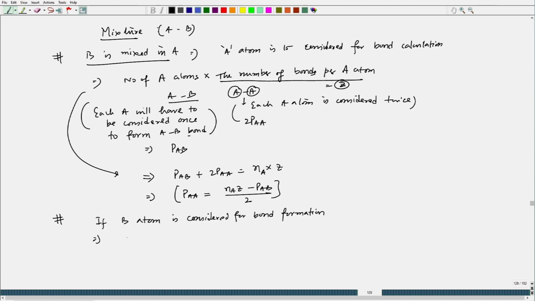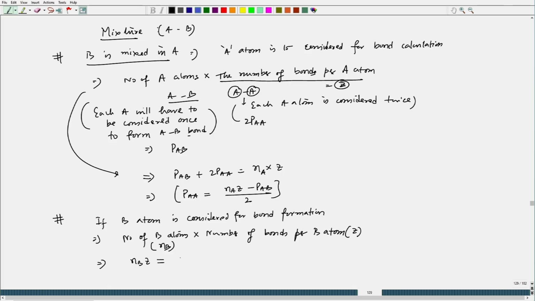So, that will be the same as the number of B atoms into the number of bonds per B atom. So, this is nothing but Z and this is nothing but NB. So, it equals NBZ, and now we have to consider the AB type bond.